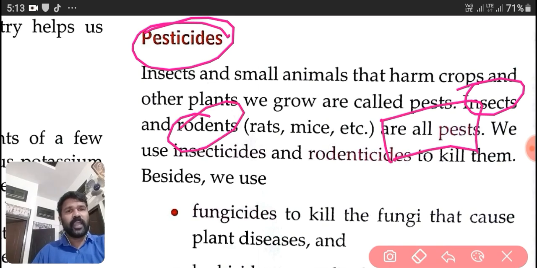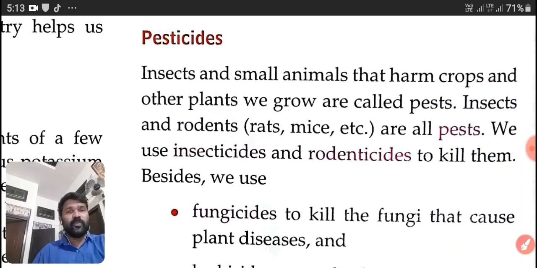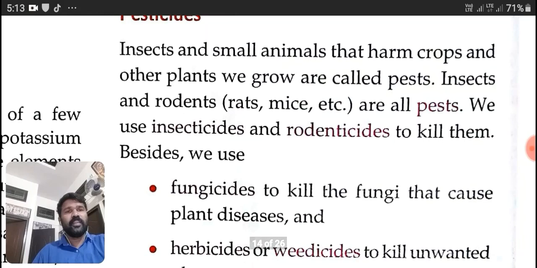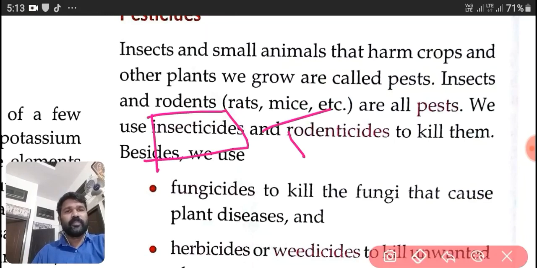Rodents means rats and mice, etc. We use insecticide and rodenticide to kill insects and rodents.